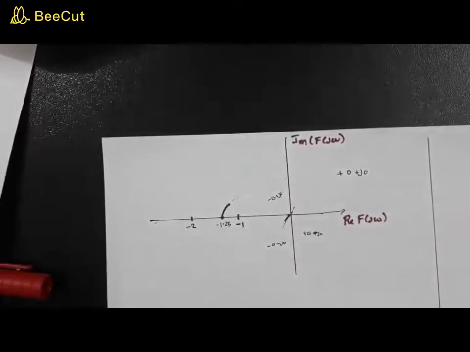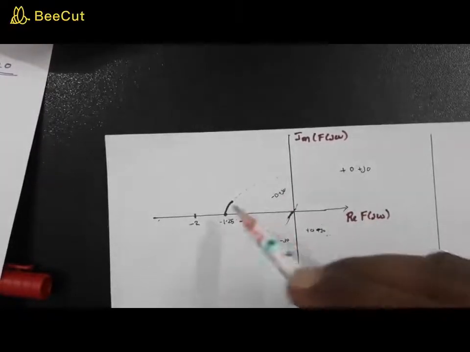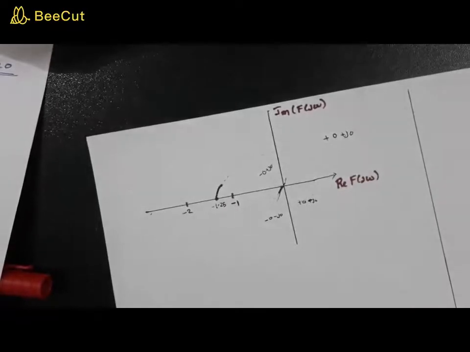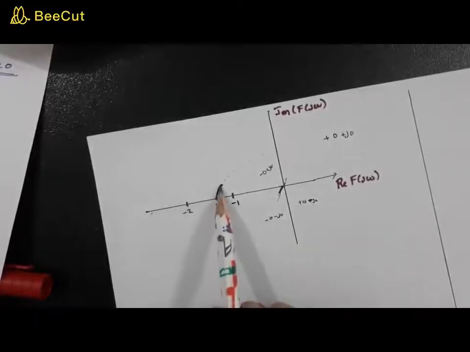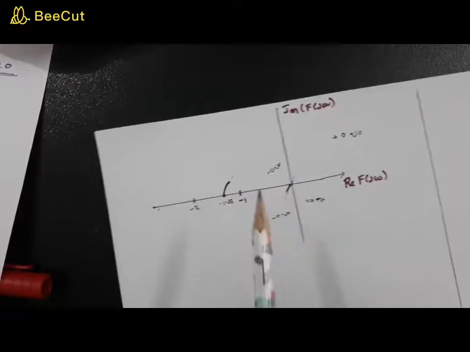Now how will you select this path? It can go in this way or in this way. Let us see at which frequency this will be crossing.